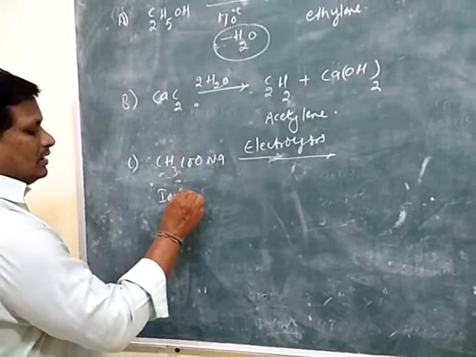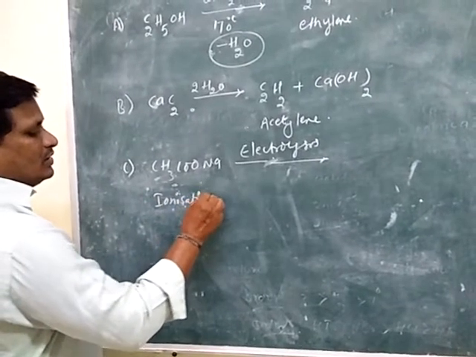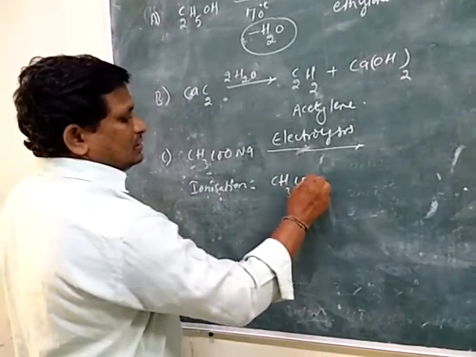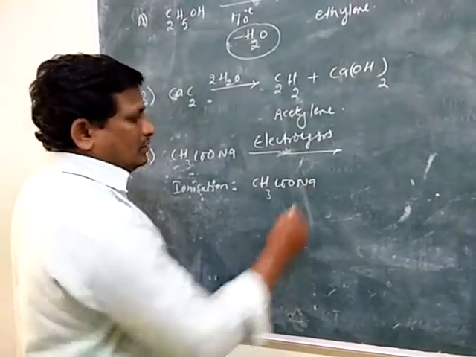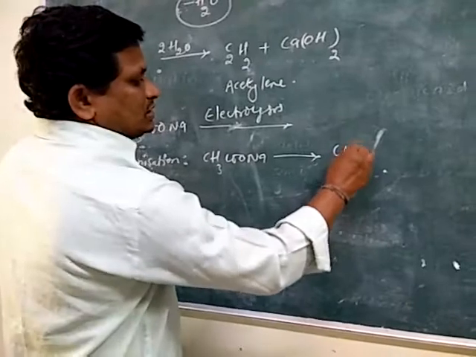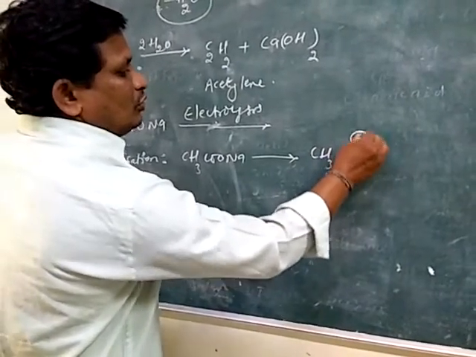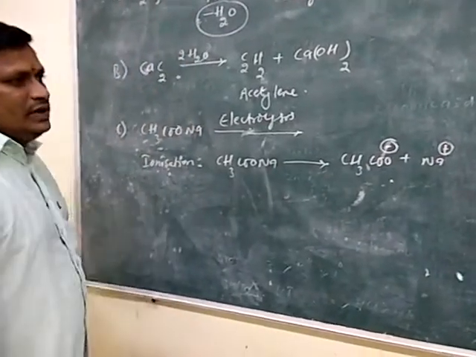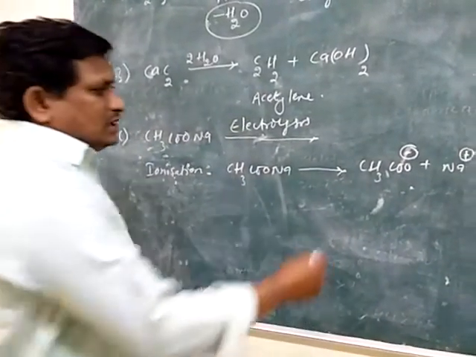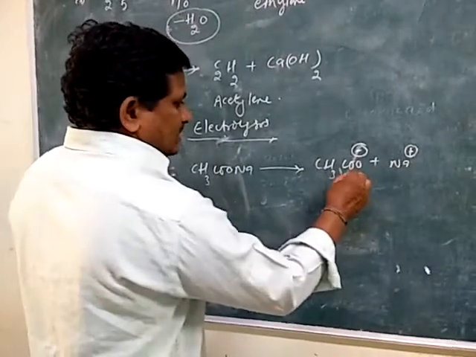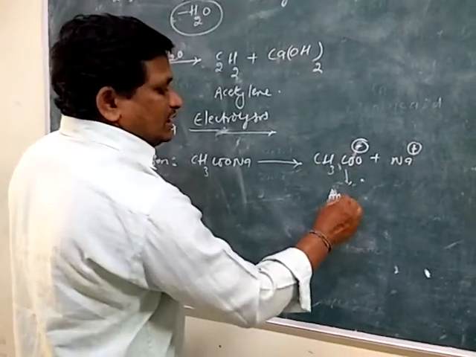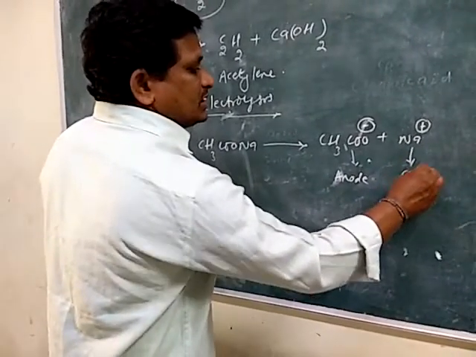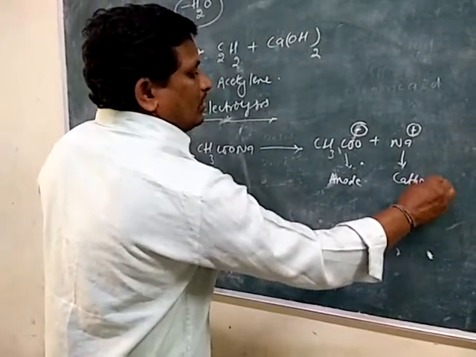Ionization of sodium acetate, CH3COONa, gives rise to CH3COO minus plus Na plus. So it is anion, it is cation. Anion reaches the anode electrode. Cation reaches the cathode electrode.